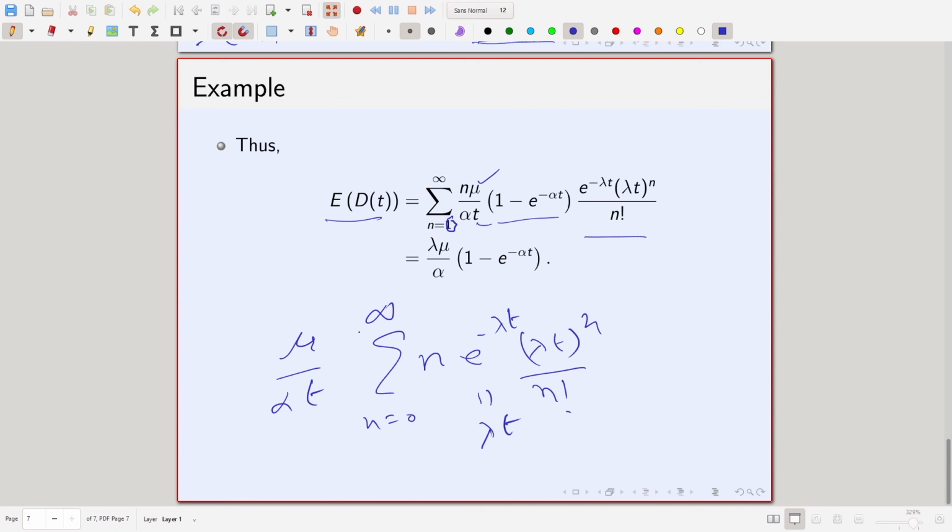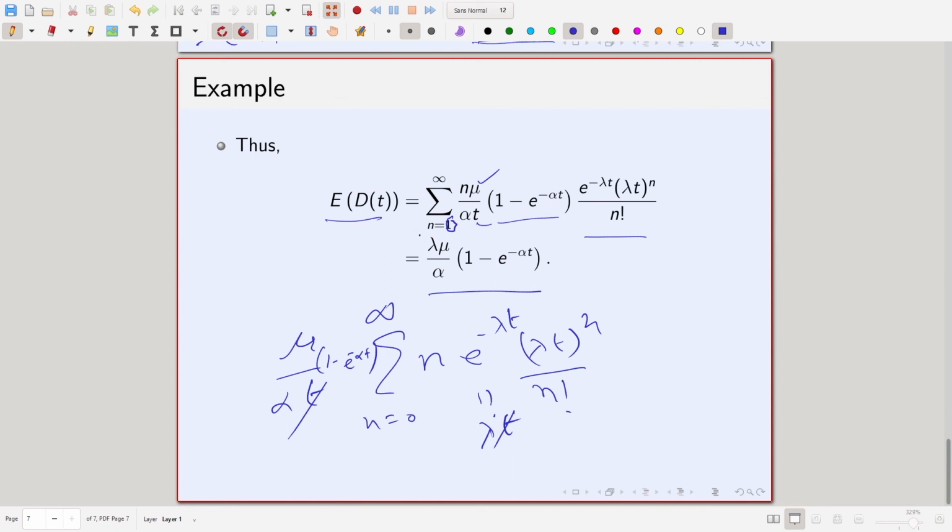So again this term 1 minus e to the power minus alpha t is also there. So now this t and this t get cancelled, and finally you get this answer.